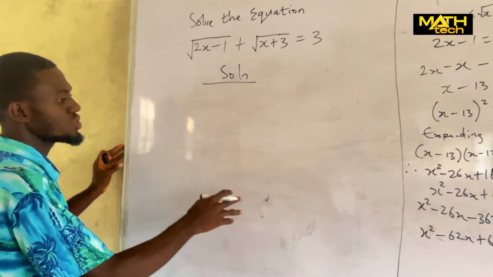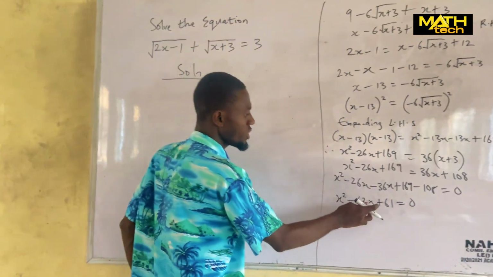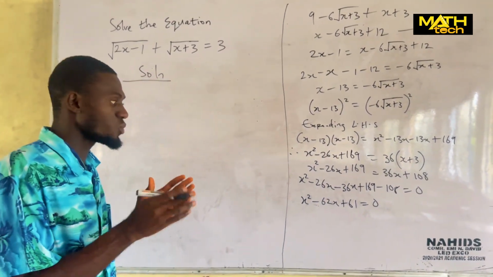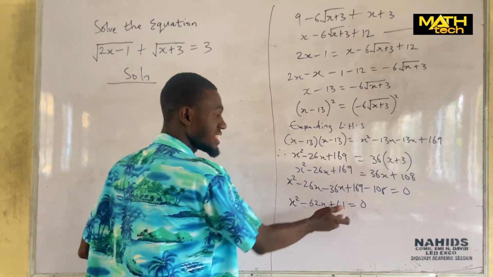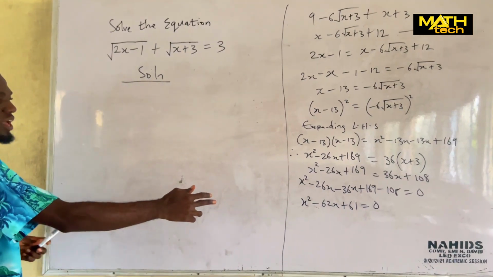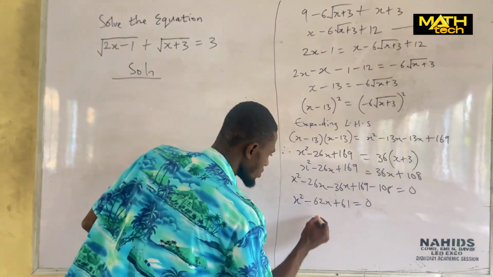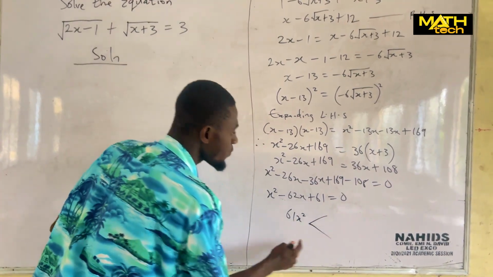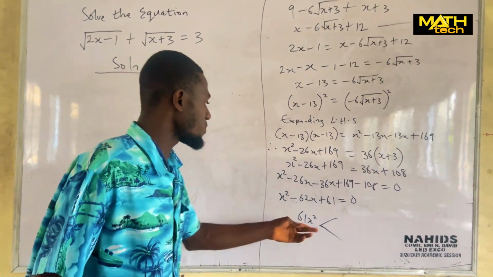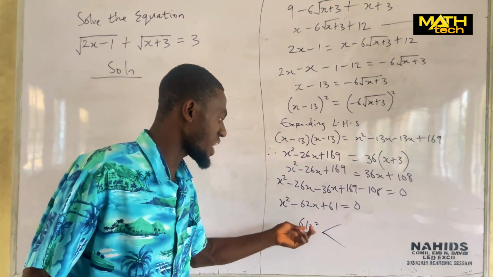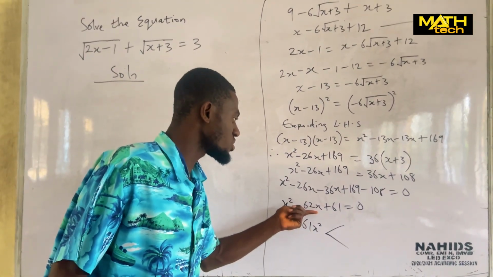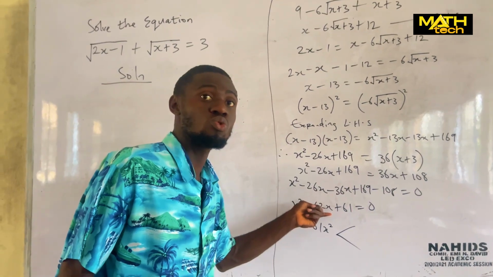So we have to solve this quadratic equation before we get the real solution of x. So solving the quadratic equation, x squared minus 62x plus 61. Hope you all know the steps in solving the quadratic equation. Use the first value to multiply the last value. So x squared times 61 will give us what? 61x squared. Now we look for two factors that when we multiply, give us 61x squared, and when we add, give us minus 62x.